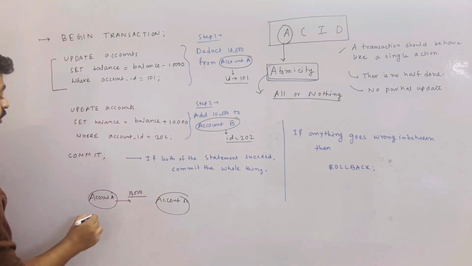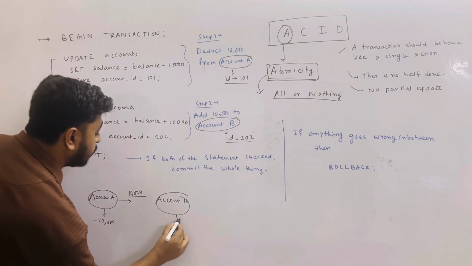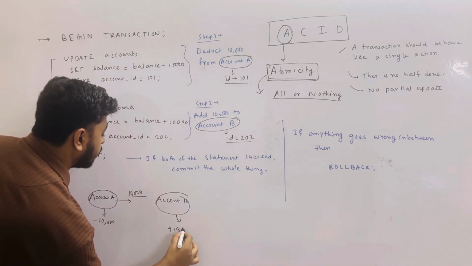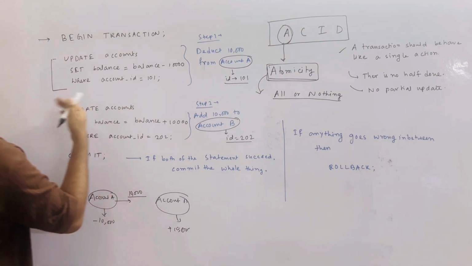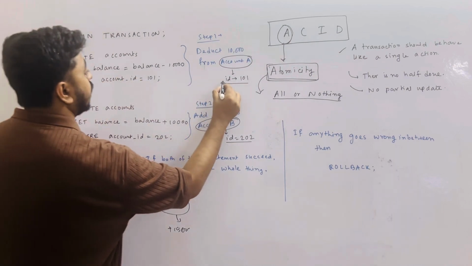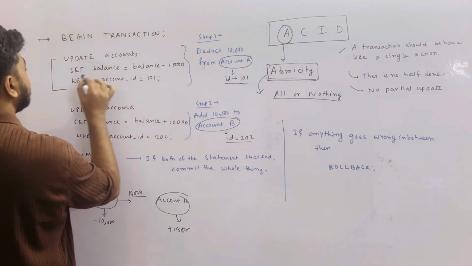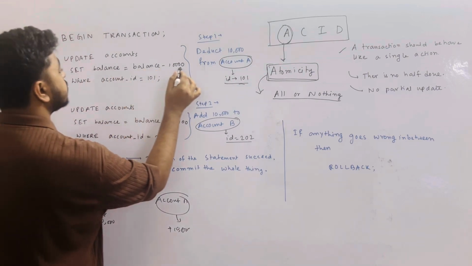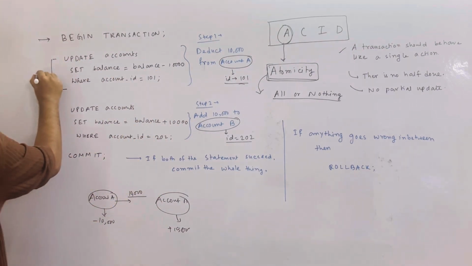So what will be happening? Account A will be minus 10,000 and account B will be plus 10,000. So there are two statements. One is we have to deduct 10,000 from the balance for account A whose ID is 101. So the statement is UPDATE accounts table SET balance = balance - 10,000 WHERE account_id = 101. This is one statement.